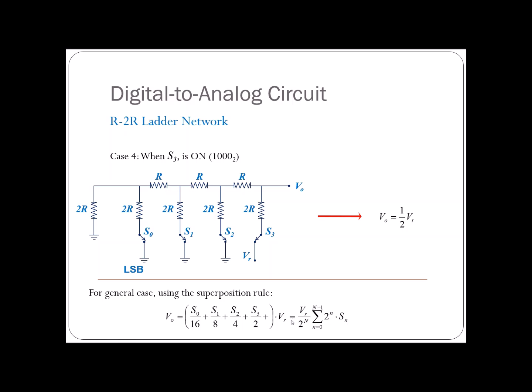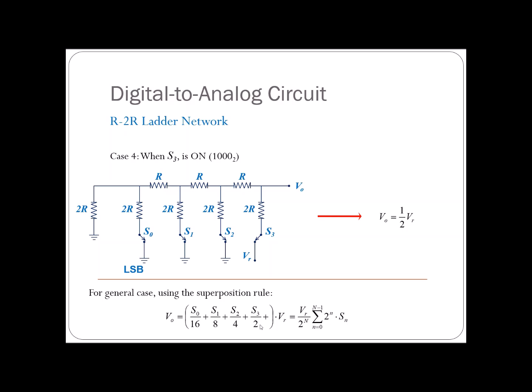So if all of them are active, let's say we have a value of 1111, then the voltage given by the output V naught here will be just the summation of all of them: 1/16 of VR plus 1/8 of VR plus 1/4 of VR plus half of VR. In here, S0, S1, S2, S3 represent the digits from the least significant one to the most significant one.